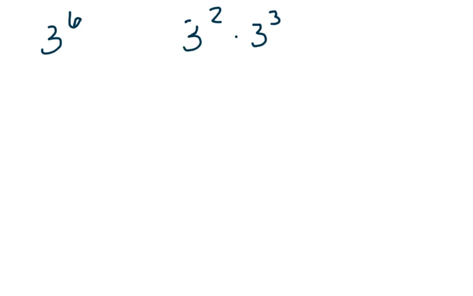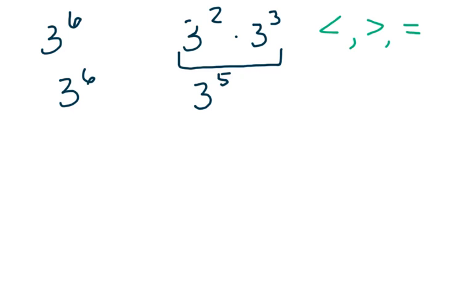Comparison means we use the less than symbol, the greater than symbol, or the equal to symbol. So in order to compare these, we would use our properties to simplify that. With the properties, we know that we should add the exponents in this case, so it's 3 to the 5th. So 3 to the 6th compared to 3 to the 5th, the correct symbol would be the greater than symbol.